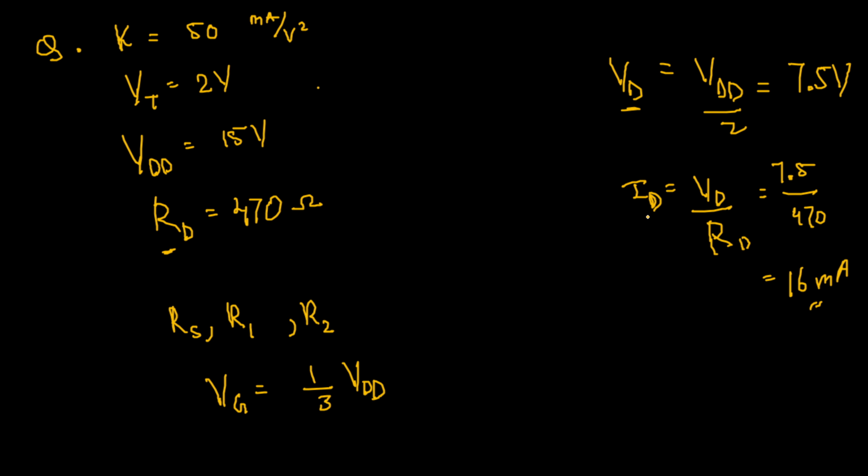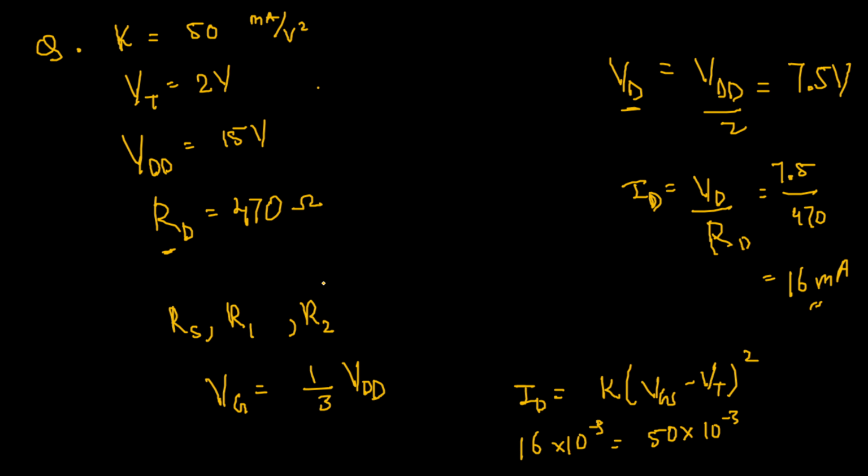So now we have an equation for drain current, right? So the equation for drain current is given by K into VGS minus VT whole square. So now I know ID is equal to 16 into 10 to the power minus 3. I know that K is also equal to 50 into 10 to the power minus 3 because it's milliampere per volt square.